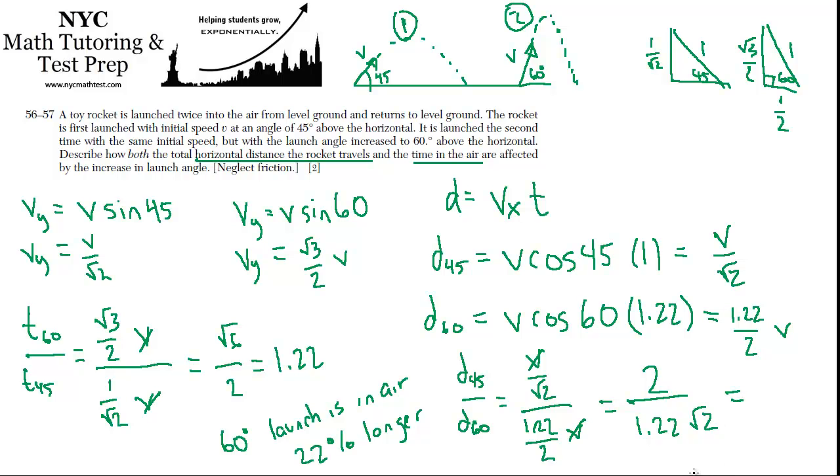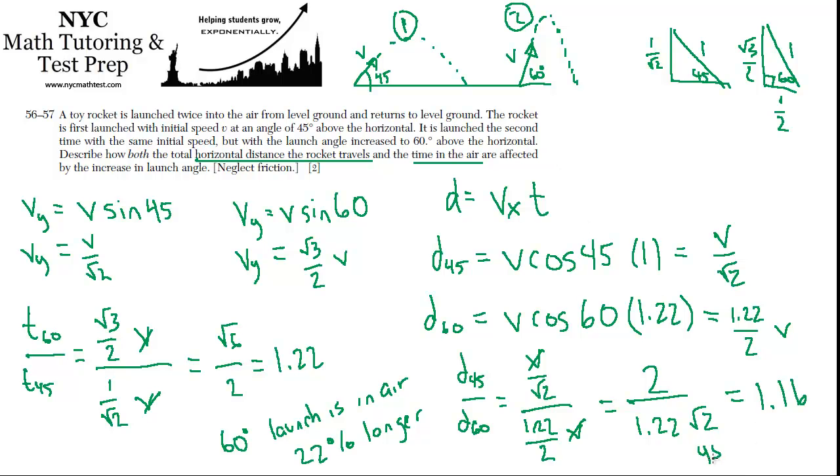And if you'll take my word for it on the calculator, I got this ratio to be 1.16, which is to say that our gut reaction was right. The 45-degree launch angle does send it further. The total horizontal distance is further by 16%.